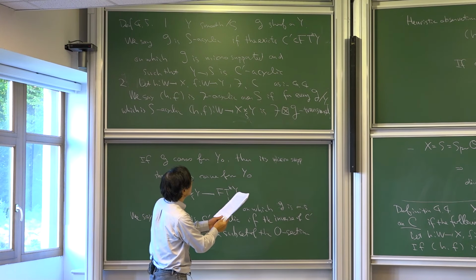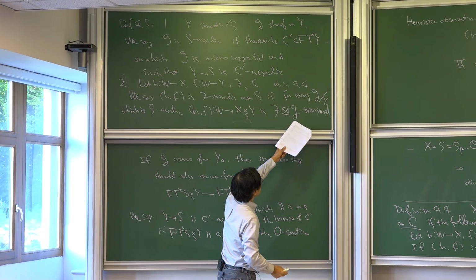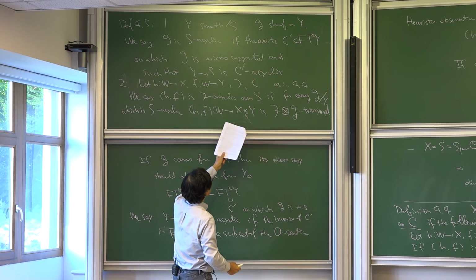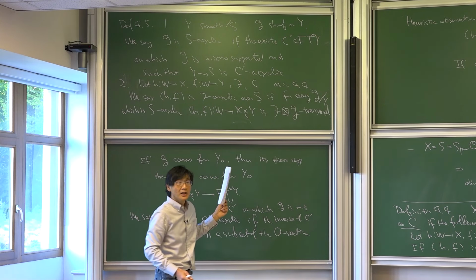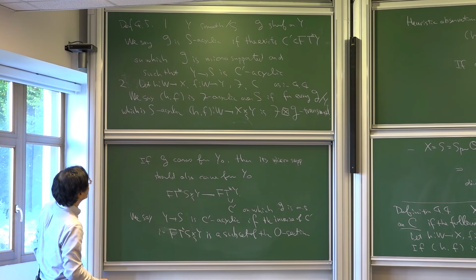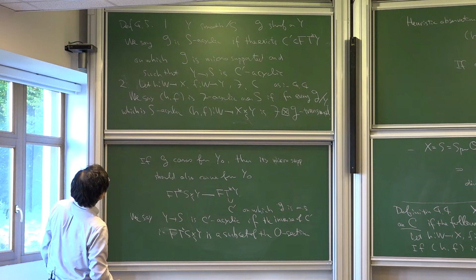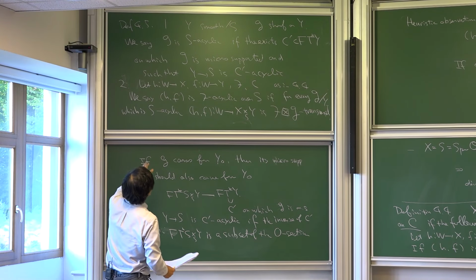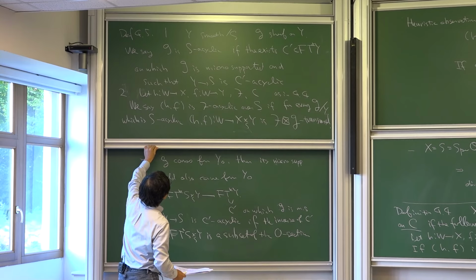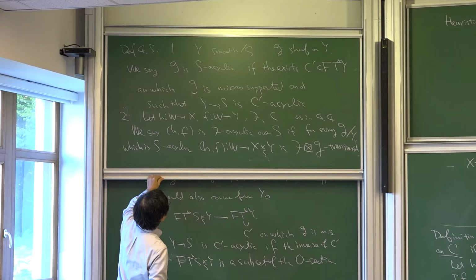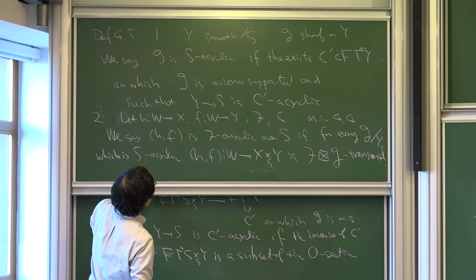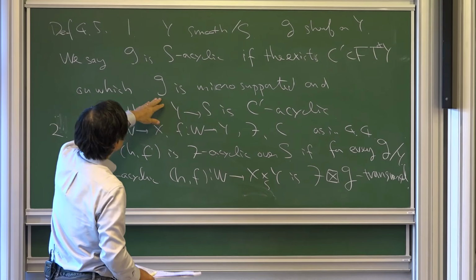I have this restriction on G, so the condition that G is S acyclic, where G is a sheaf on Y which is smooth over S. Is it clear from the definition that it implies that?